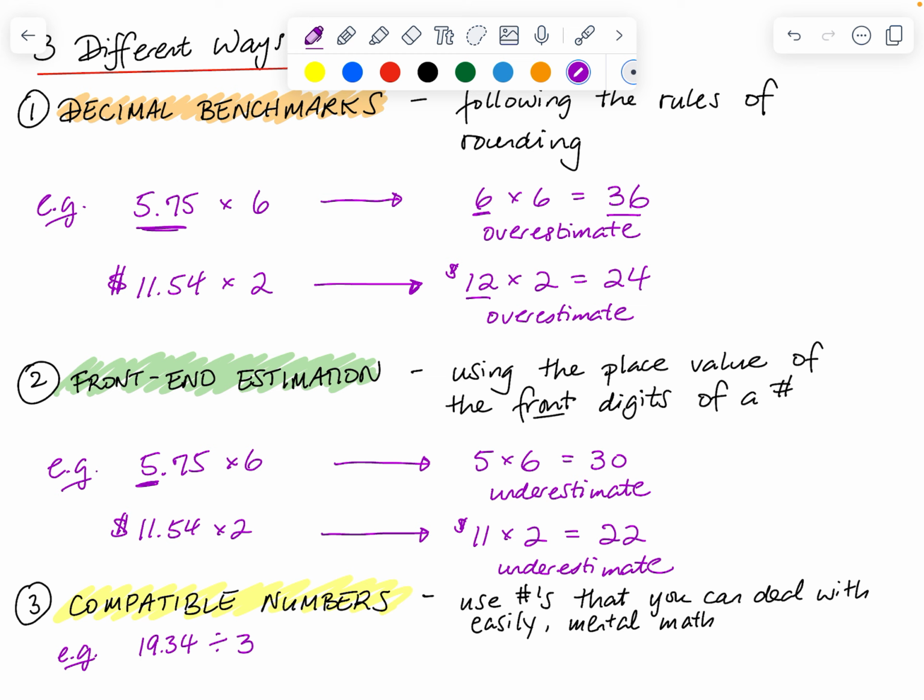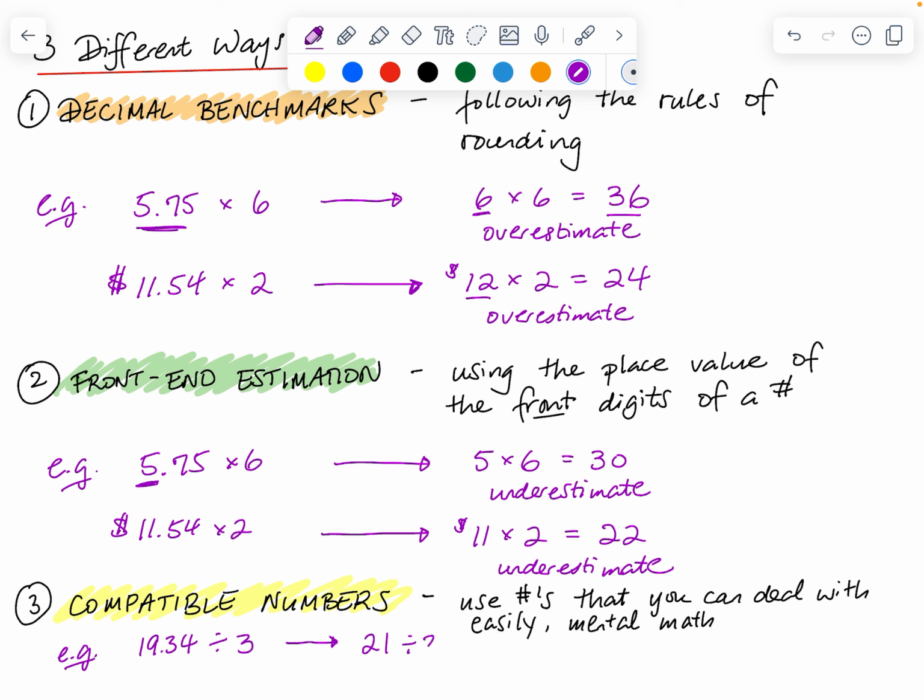So think about the closest number to 19 that is divisible by 3. And that's what I mean by compatible numbers. So I would actually take this maybe to 21. It is the higher, closer number that is divisible by 3. So if we did 21 divided by 3, we would get 7. And this would actually be an overestimate.